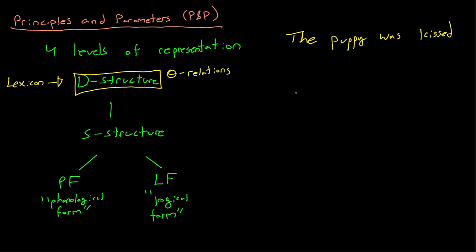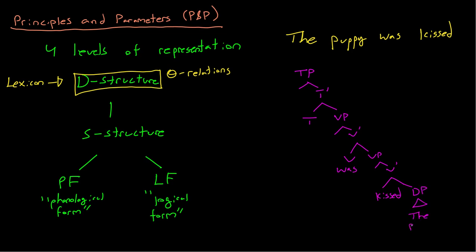So how does that work? Well, let's draw out the deep structure for this. We have our tense phrase, which goes down to our first verb phrase, V bar, V, in this case was, and our second verb phrase, V bar, V, kissed. And here we have our thematic object, the determiner phrase, the puppy.